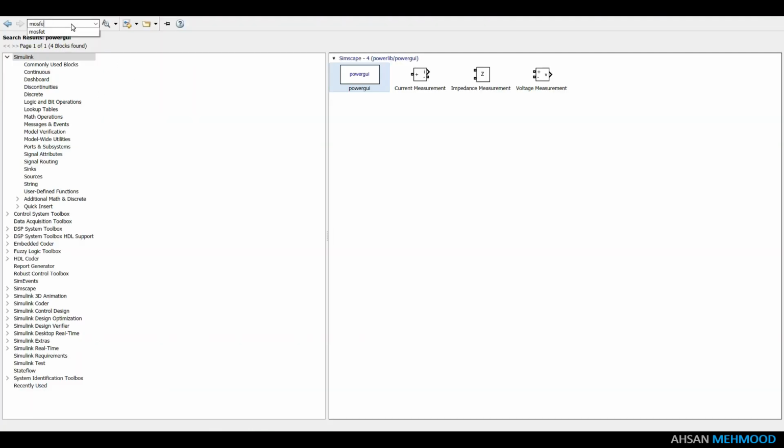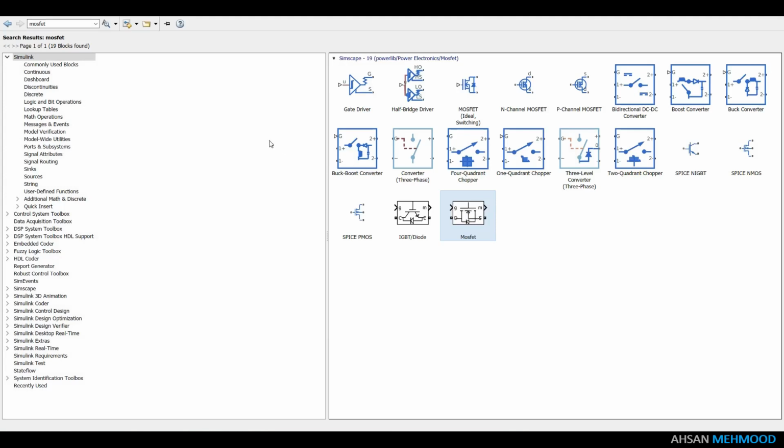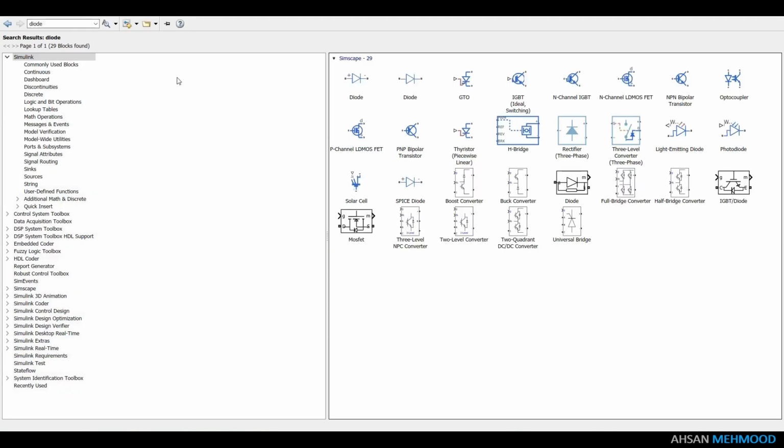To do so, follow the steps on the screen to construct a boost converter and control circuit for an online IV curve scanner.